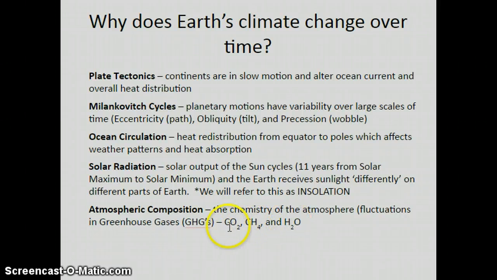Here we've got methane and water. But really, the argument that you're going to need to hear and learn about is driven by what is happening to the carbon dioxide in our atmosphere. That becomes the conversation driving climate change, and whether humans are doing the changing of the climate.